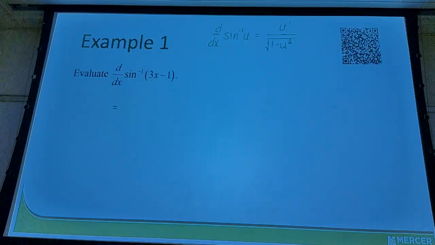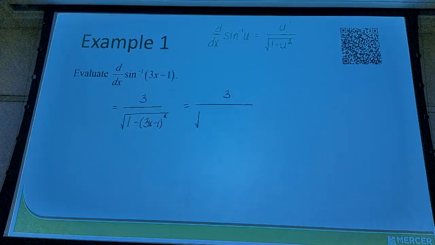What is its derivative? 3. What's 3x minus 1 squared expanded out? 9x squared minus 6x plus 1. I'm sorry, 1 minus 1 is 0. That's nice.